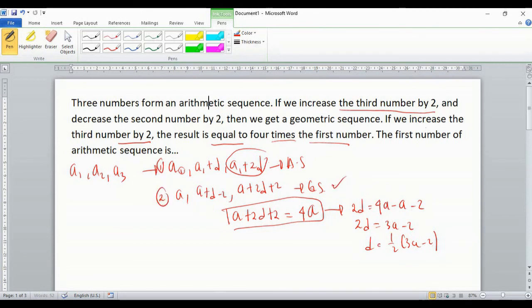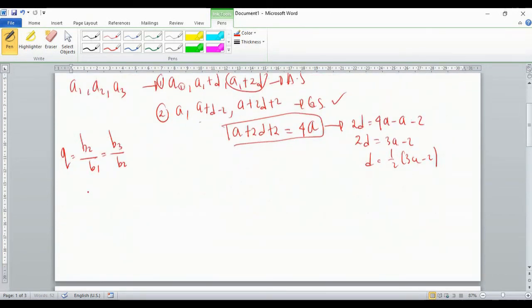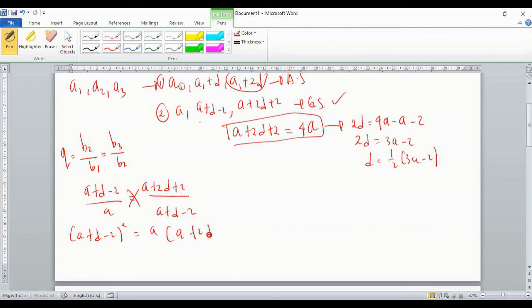So now we will continue to find the ratio of the geometric sequence. The ratio of a geometric sequence is B2 over B1, equal to B3 over B2, everyone. So B2 is A plus D minus 2 over A, equal to B3, which is A plus 2D plus 2, over B2, which is A plus D minus 2. So from here, we can multiply them: A plus D minus 2 squared is equal to A times A plus 2D plus 2.